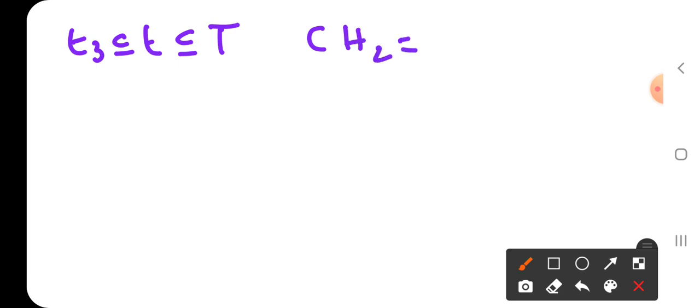That is from T3, CH2 is off. Therefore D2 is forward biased. So then how are the waveforms, how are the values?